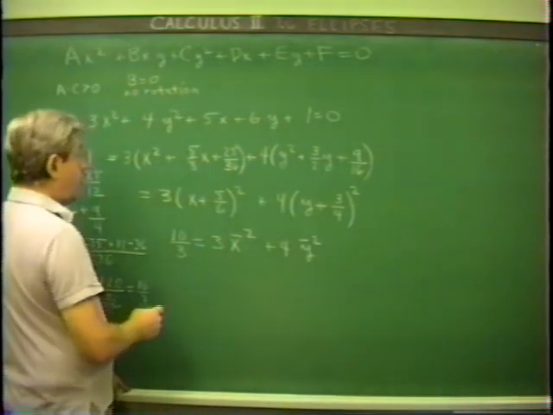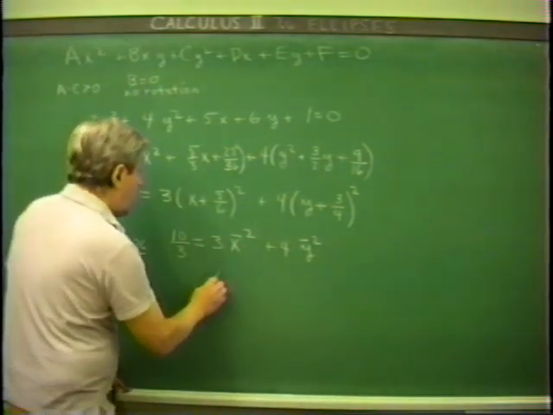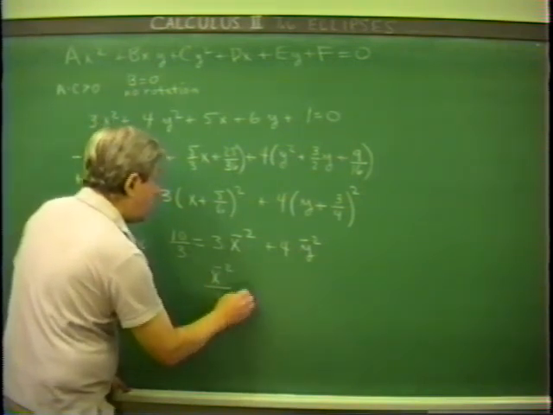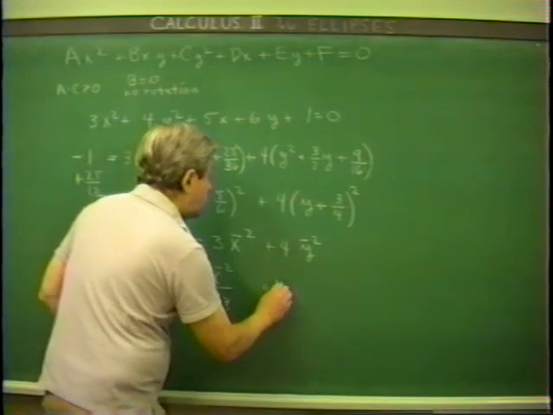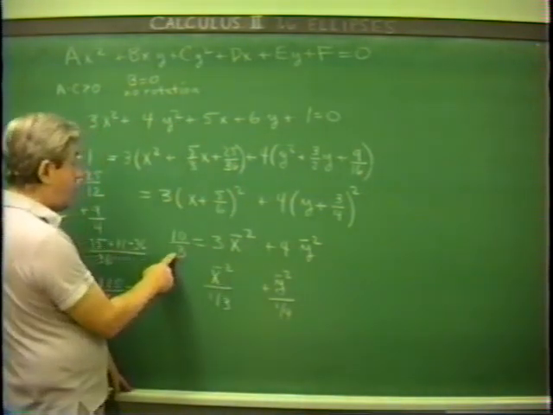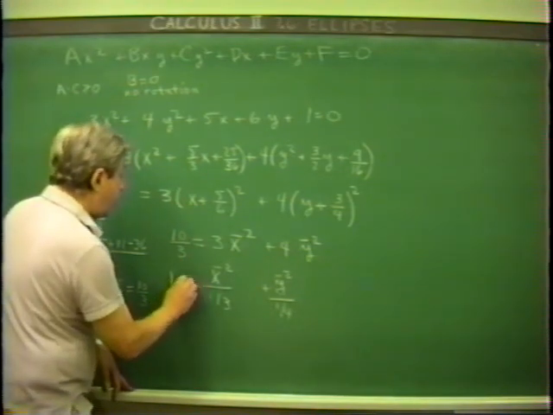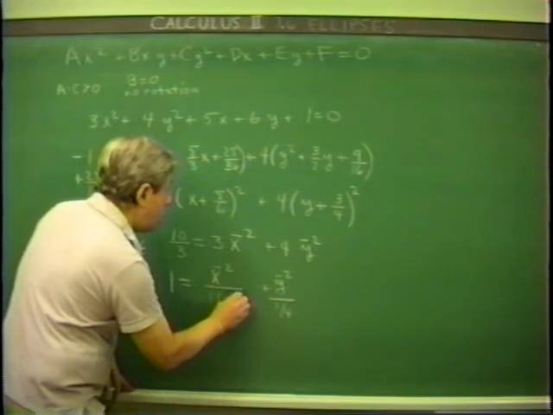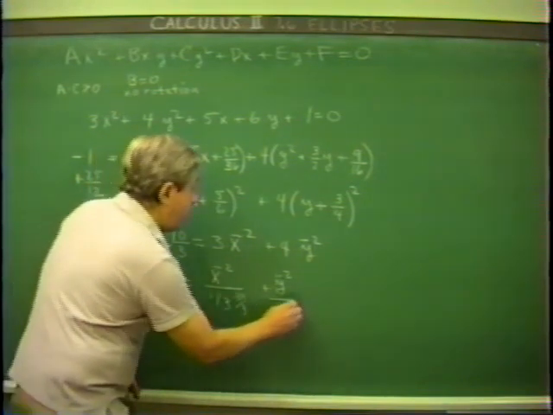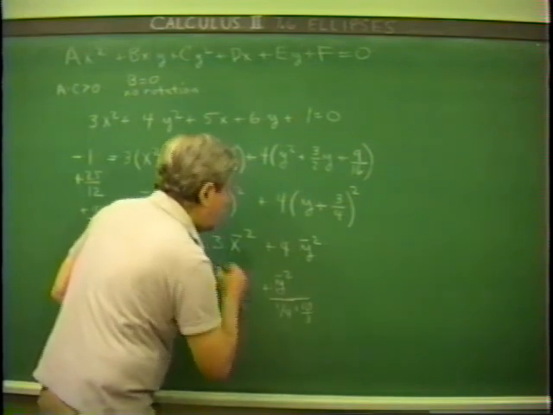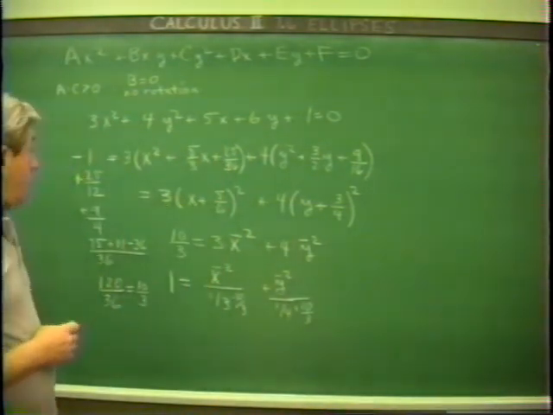Now I'm going to rewrite this as x bar squared over 1/3 and y bar squared over 1/4. Now I'm going to divide both sides by 10/3 so that I get a 1 on this side. Dividing by 10/3, I've got 1/3 times 10/3, and 1/4 times 10/3.